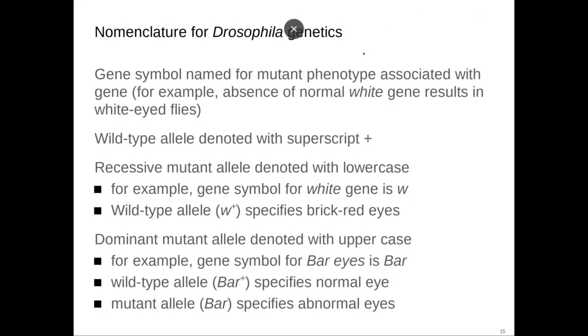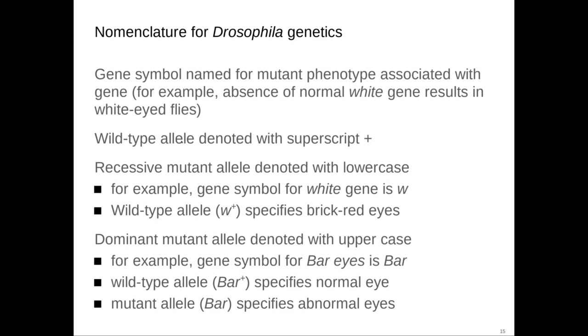Now, we can look at some nomenclature for Drosophila genetics, and it's not all that different from what you've seen thus far, but we'll just go through it one more time. Now, the gene symbol name for any mutant phenotype that is associated with a gene. So in this case, we'll talk about the white gene, producing white eyes.